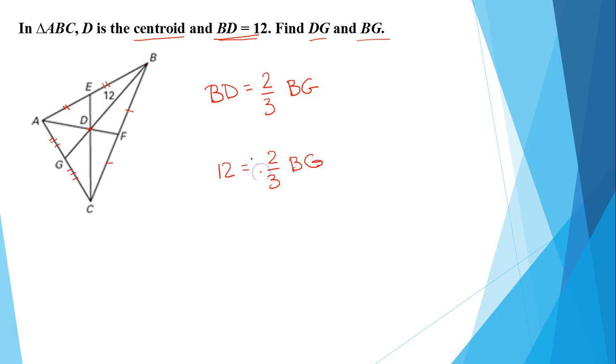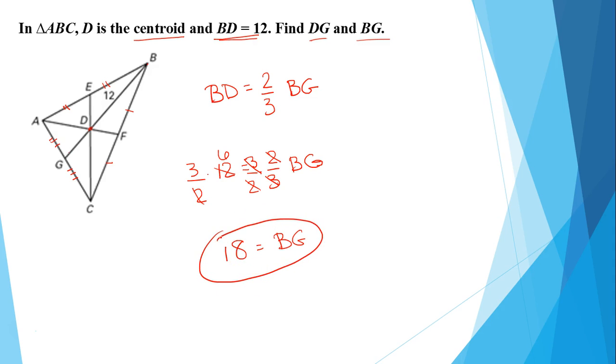I'm going to multiply both sides by the reciprocal of this number to get rid of the 3 and 2. Now, BG is equal to, do the multiplication here, that is 6, and 3 times 6 is 18. So BG we have found to be 18.